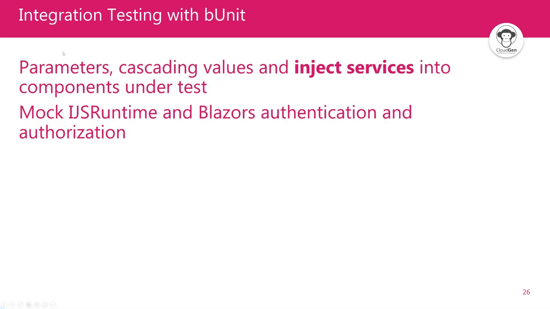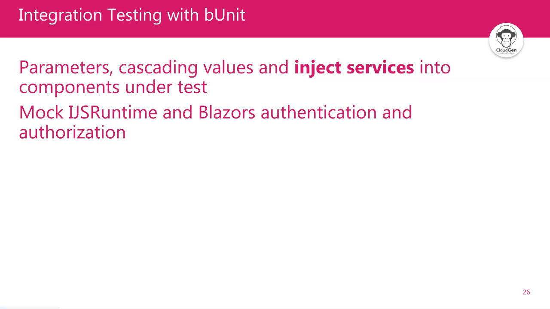So that's just a little bit of what bUnit can do. We can do other types of testing as well with bUnit. We can do some more tightly integrated tests with bUnit. So I showed you how we can do some parameters. We can also test things like cascading values. We can inject services into components using bUnit.